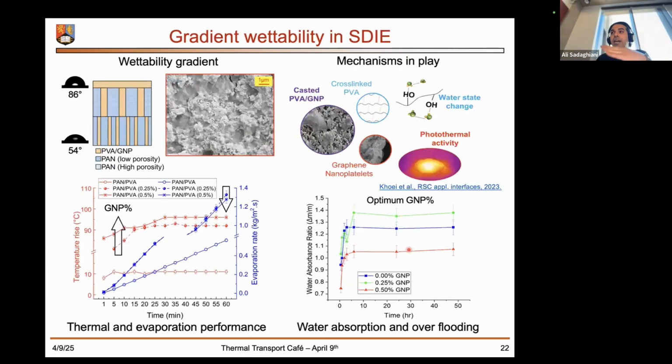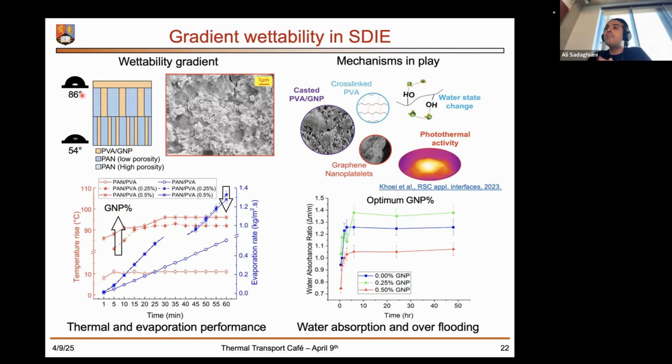So what we did, we had a gradient in wettability from the bottom layer to the top layer, and this resulted in considerable enhancement in evaporation rate. But again, there were some other playing factors, such as if we increase the top layer wettability a little bit too much, which goes to the hydrophobic region, we again observe the reduction in the performance.